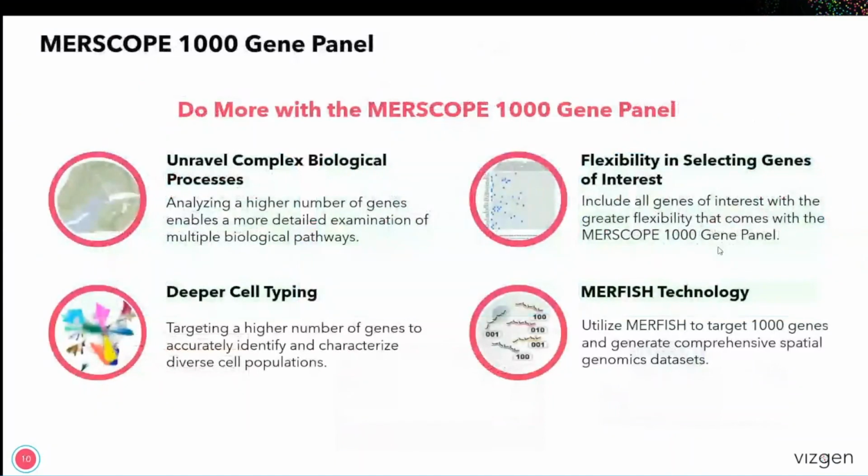And we're confident that the Merscope 1000 gene panel is going to allow you to do more. From unraveling complex biological processes, so the added flexibility gives you the opportunity to target more biological pathways. Or if you're after deeper cell subtyping, the added flexibility here is going to allow you to include additional cell markers so you can further characterize those diverse cell populations.